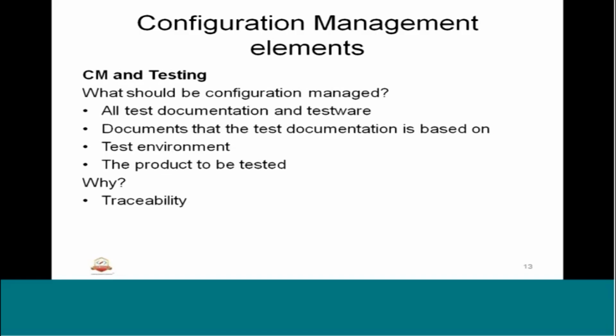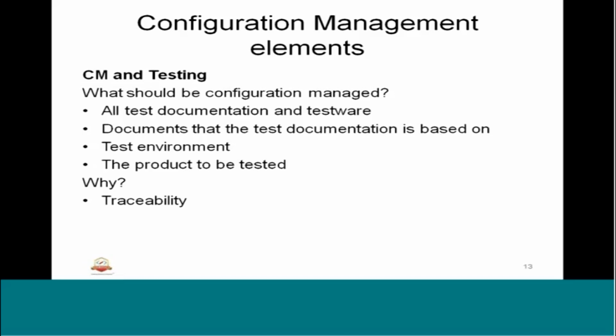And we have configuration management and testing. What should be under configuration management? All test documentation and testware, including tools and all those artifacts, the test environment, and the product to be tested, and also the traceability part.